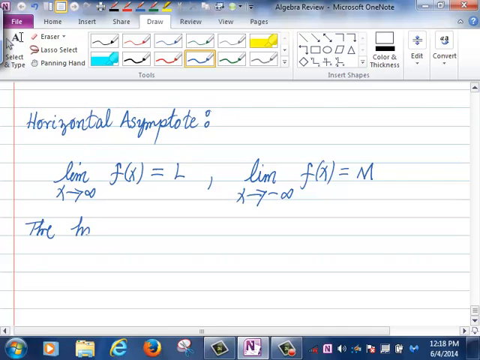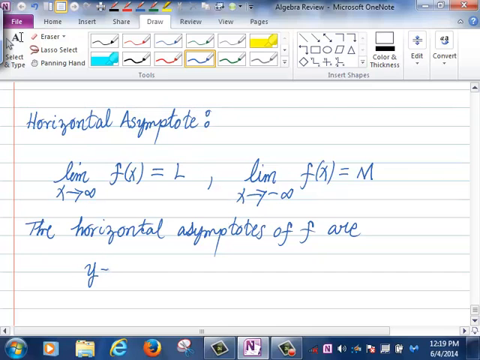Then the horizontal asymptotes of f are the horizontal line at L and the horizontal line at M. Am I making sense?